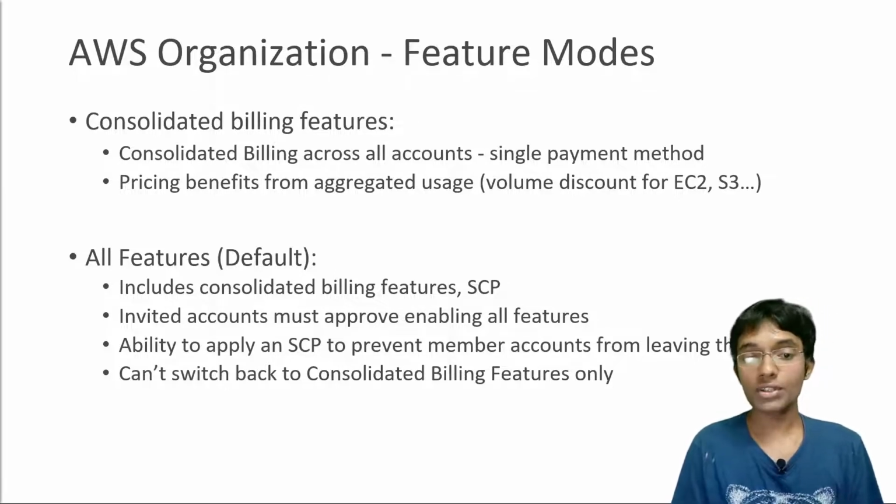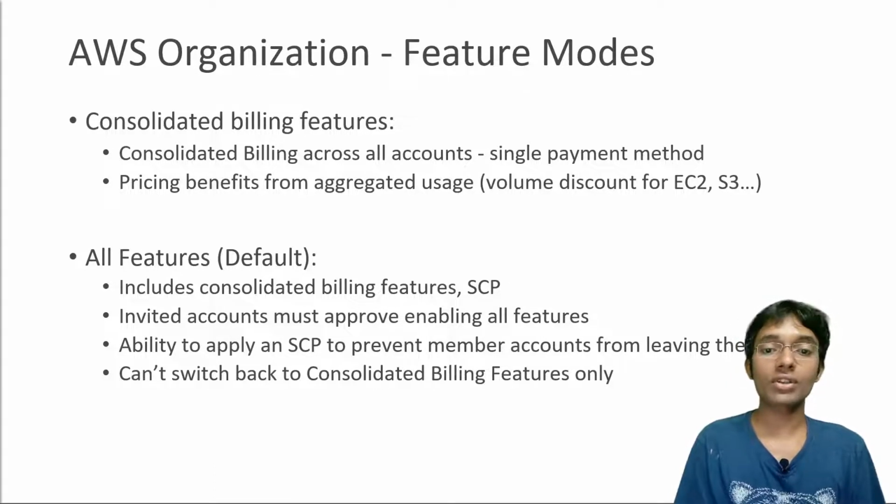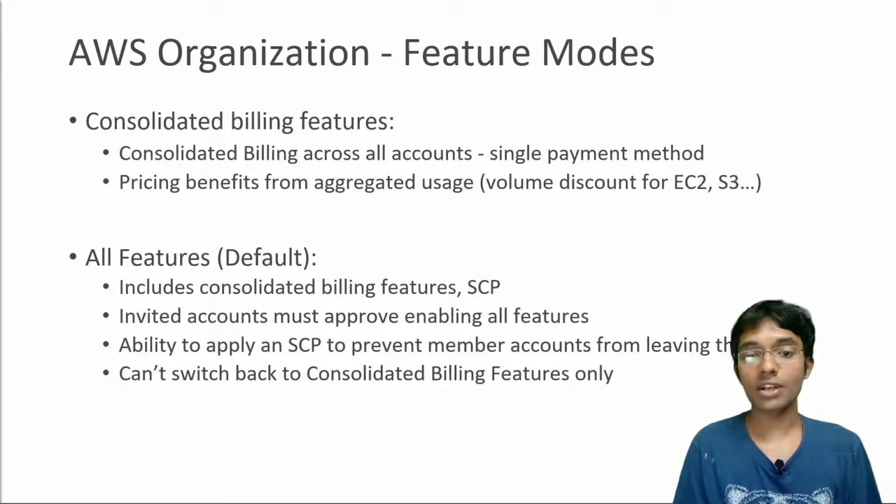And all features is going to be the other feature mode for organizations. This of course includes the consolidated billing feature, but on top of it, it adds the SCP feature that we'll see in the next lecture. In case you invite an account, it needs to approve enabling all features to be part of that mode.